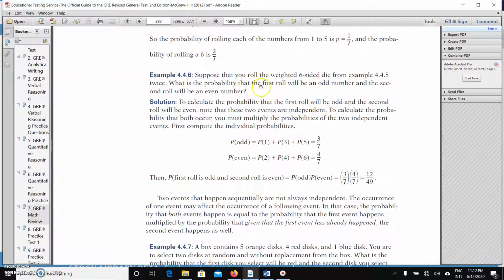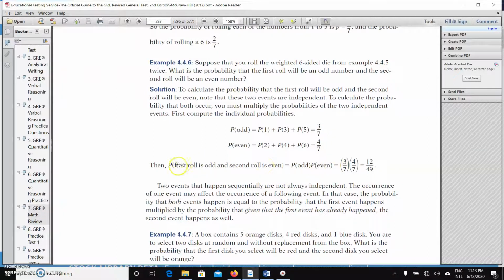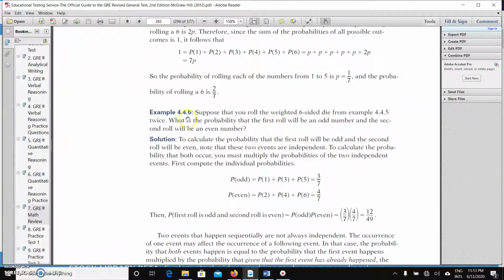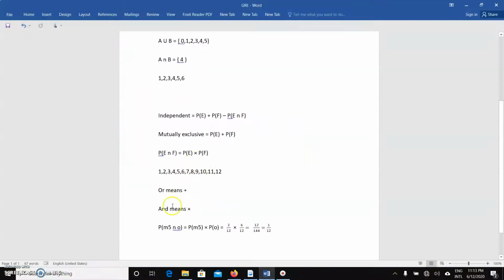So that's that. Now the question is: what is the probability that the first roll will be an odd and the second roll will be an even? As I told you initially, when we're talking about "and", we're talking about multiplication.